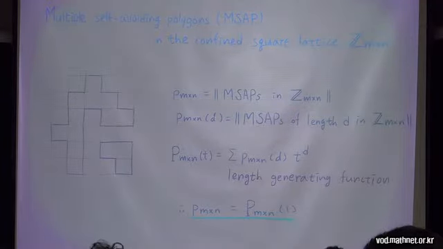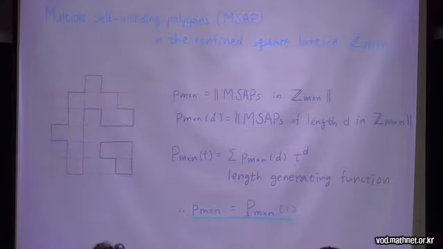In the confined region, we'll think about multiple self-avoiding polygons, and we don't need to think about translation. They are all different. Here in G_mn is one example of multiple self-avoiding polygons, and it has two components.